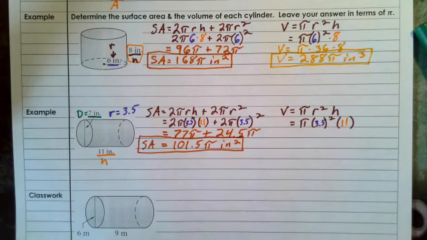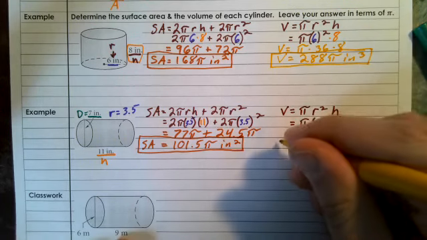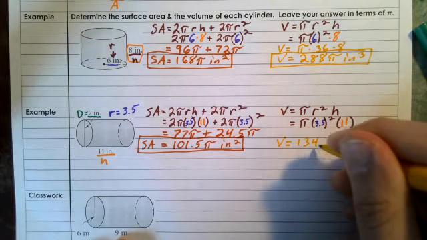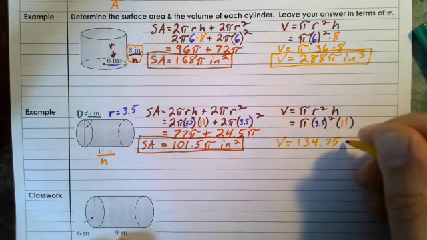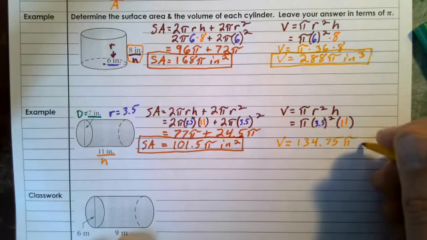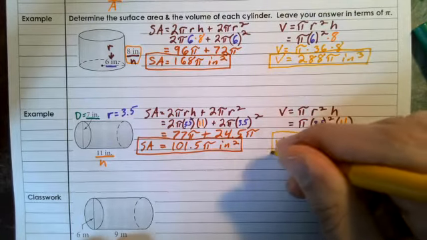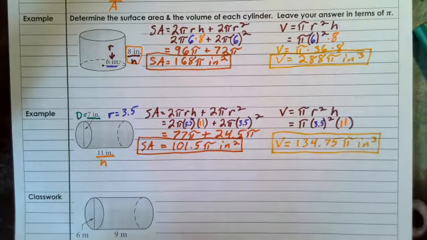So I need to do 3.5 times 3.5 times 11. Just plugging that in my calculator. And I get my volume is 134.75 pi inches cubed. Volume is always given in cubic units.